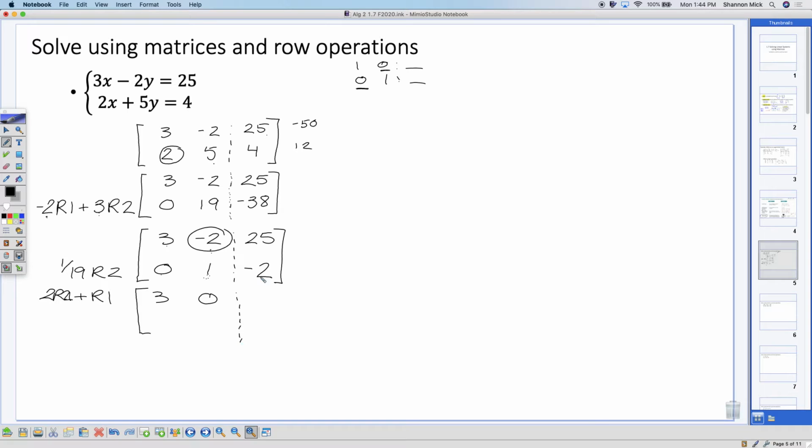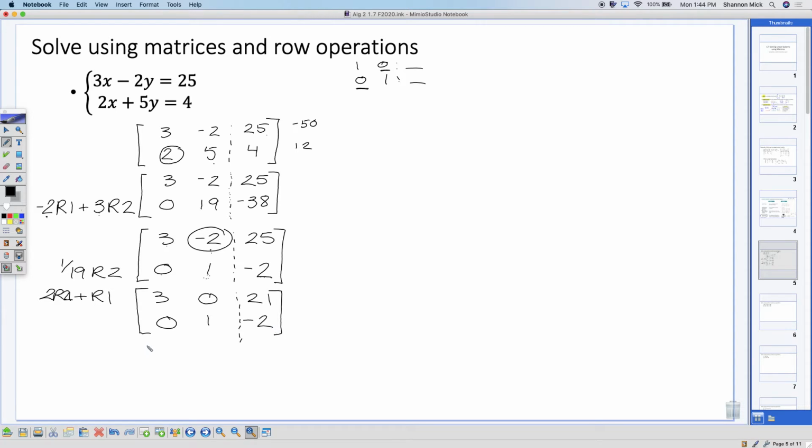2 times negative 2 is? Negative 4. Negative 4 and 25 is? 21. And I didn't do anything. Now, do I have my zeros? What's the last thing I need to take care of? The 3.